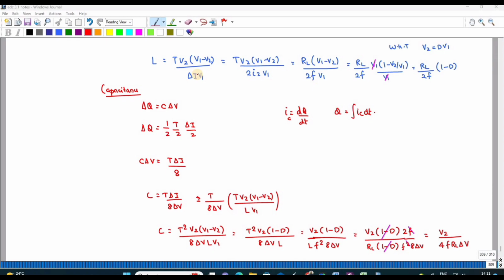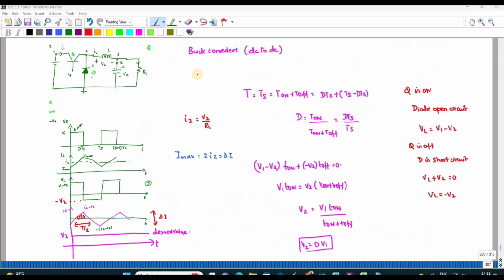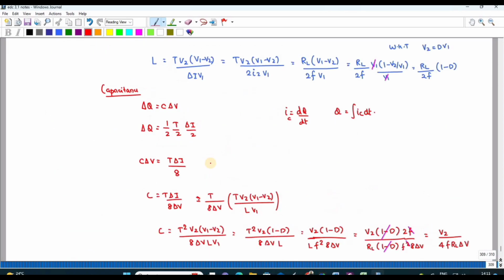If this is your del I, then I2 is half of it, so del I is equal to 2 I2.